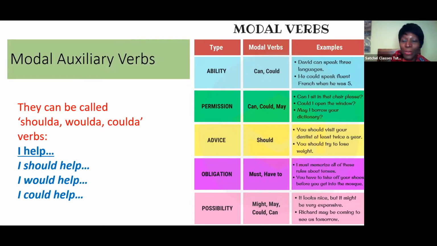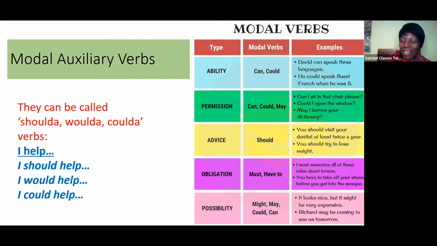It's that sense of something that's advisory. I would help. So that's something that could happen. I could help. That's a possibility.